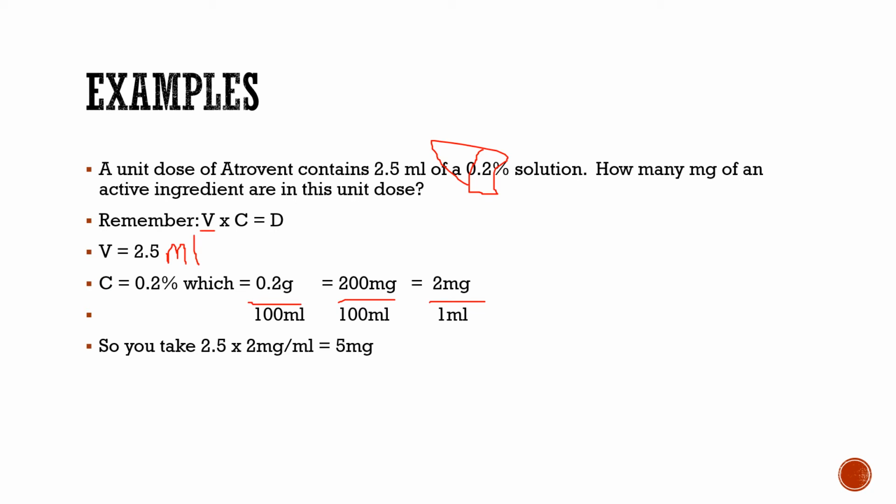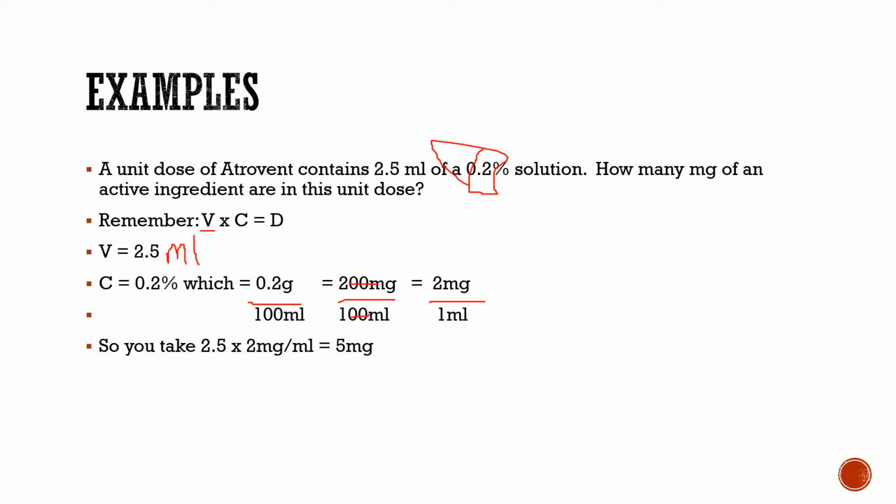So now we have 200 milligrams over 100 mils. This one's easy enough: divide the top and the bottom by 100, or just get rid of your zeros. So now you have 2 milligrams per 1 mil. That is now your concentration.